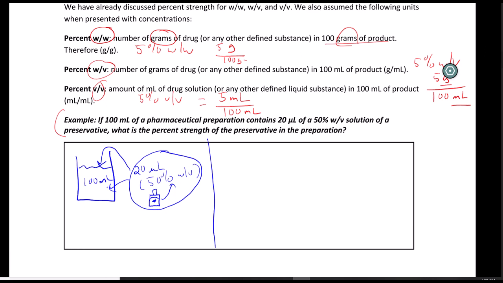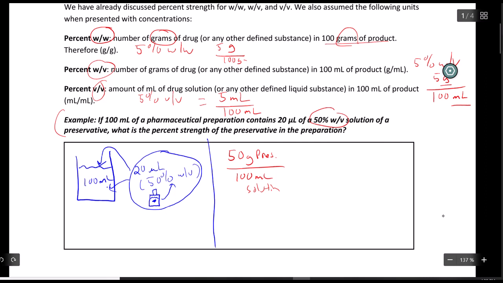First thing I would do is find out how much preservative is actually in that drop that we put in there. If we look at the concentration, it says 50% weight and volume. That means that there's 50 grams of the preservative in 100 mLs of this concentrated solution.